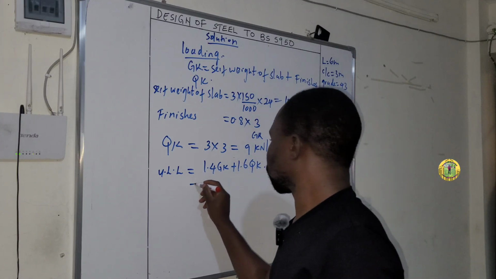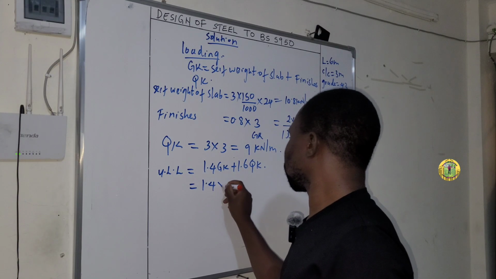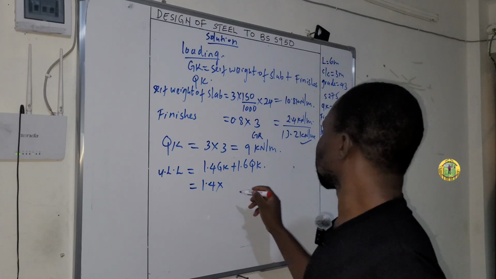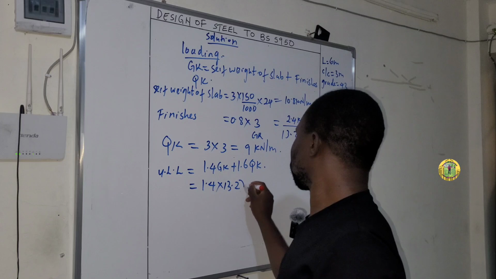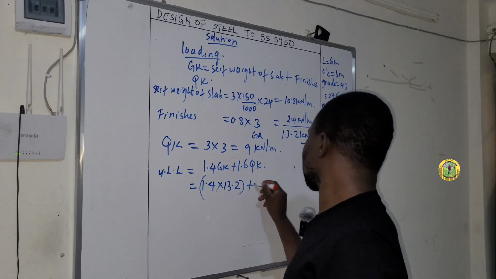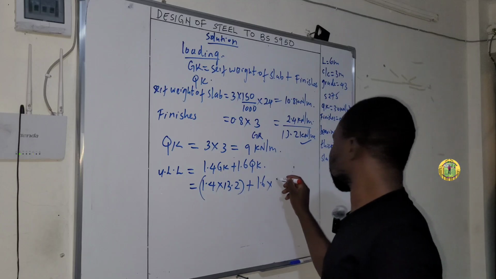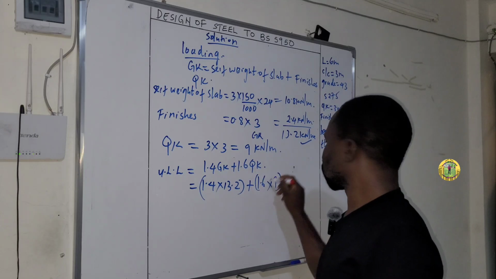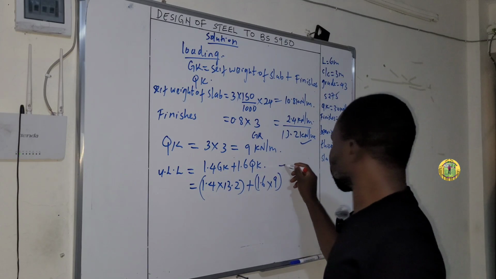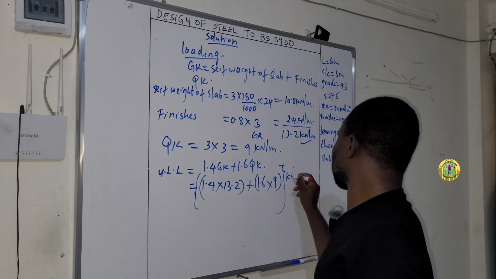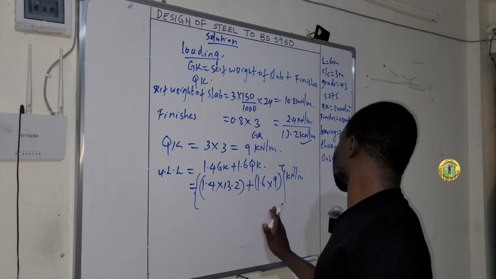So this one is equal to 1.4 times GK, which is 13.2, plus 1.6 times QK, which is 9. So remember, the unit is in kilonewton per meter, not kilonewton per meter square.